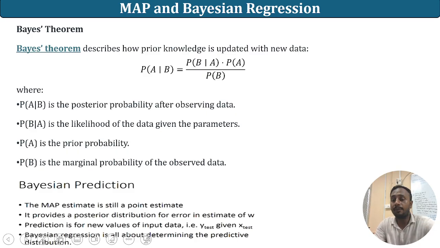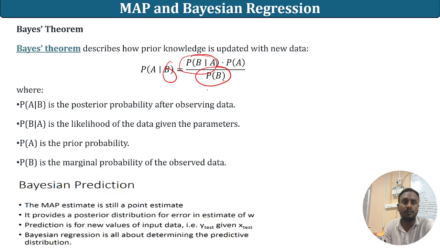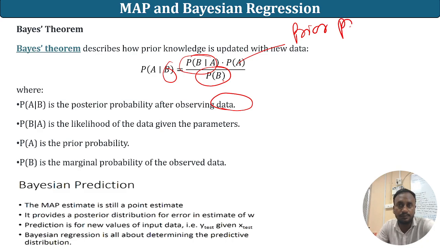So, what is Bayes' theorem actually? Bayes' theorem gives the probability of A when B is already given. So that's how we can calculate it. The probability of A given B is the posterior probability after observing the data. It involves the prior, and the probability of B, the marginal probability of the observed data.